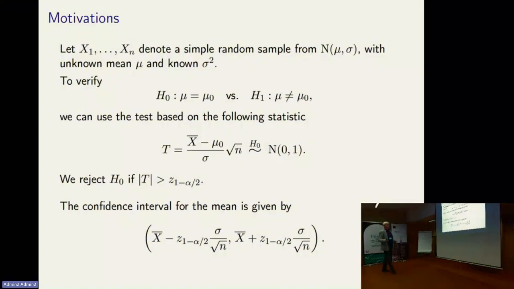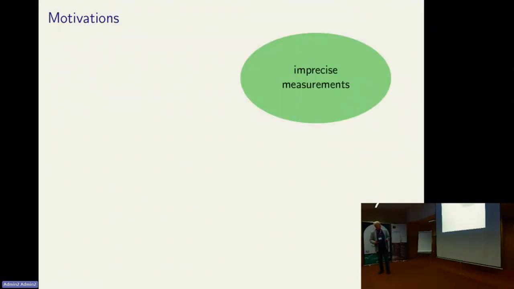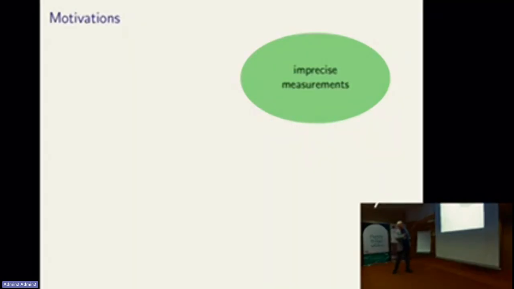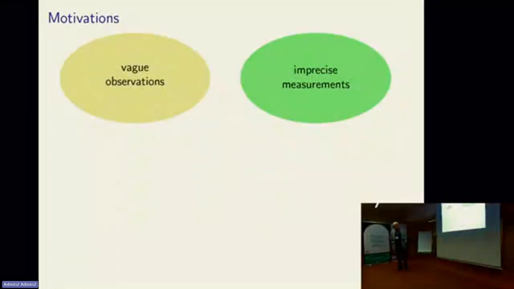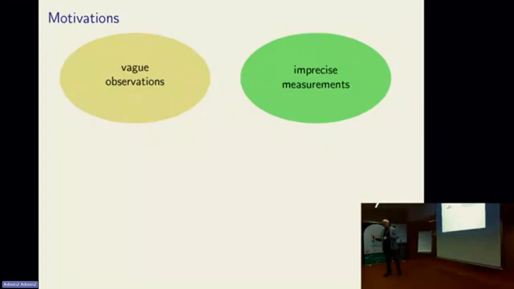But I have promised to say something about imprecise data. As we are talking about imprecise data, of course, we laugh at fuzzy sets a lot. But for engineers, a more natural case is a little different. If you have imprecise measurements, if you have vague observations, not necessarily imprecision made by measurement, but quantities which are from their nature vague.